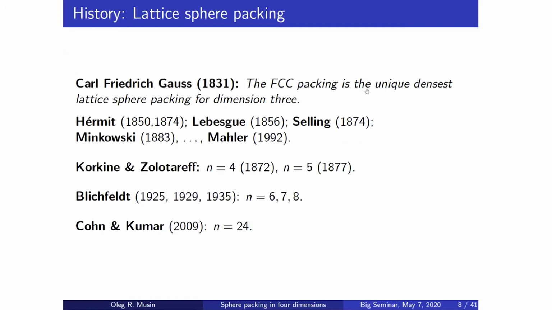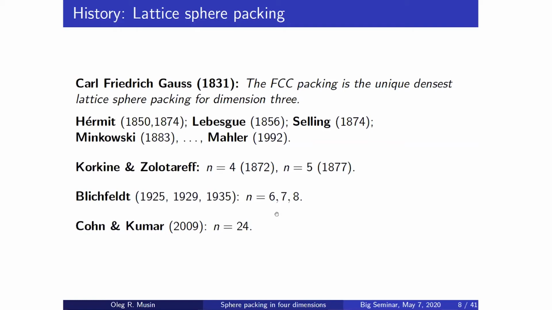And dimensions 6, 7, and 8 were solved only about 50 years ago, in 1925, 1929, 1935. Blichfeldt proved the Korkine-Zolotarev conjecture for dimensions 6, 7, and 8.